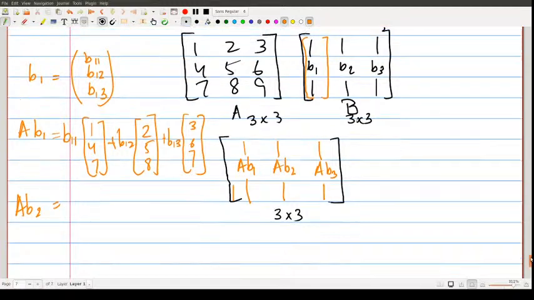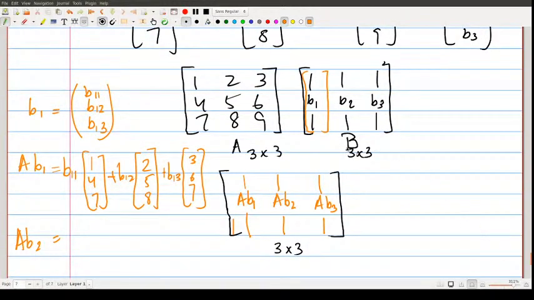So instead of viewing matrix multiplication as taking dot products of the rows and the columns, 1 times this, 2 times this, 3 times this, you can view it as a linear combination of the columns of A given by each of the columns of B, B1, B2, B3.